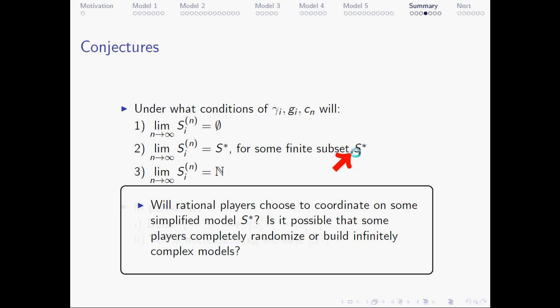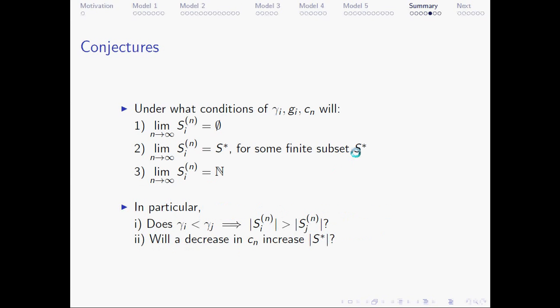Is it possible that some players completely randomize, which means the first case, there's no model, I just always make the same decision, or build some model that's infinitely complex, which is the last one, the size is converging to infinity. In particular, I want to show under what conditions the slower player will use a simplified model.